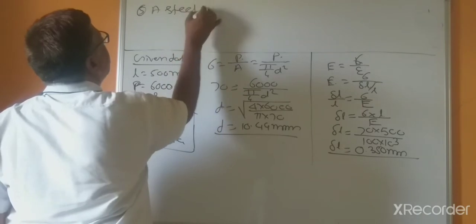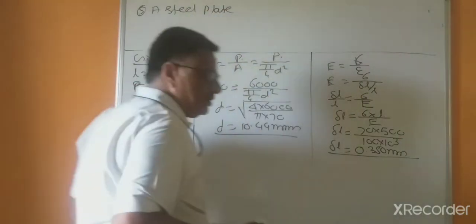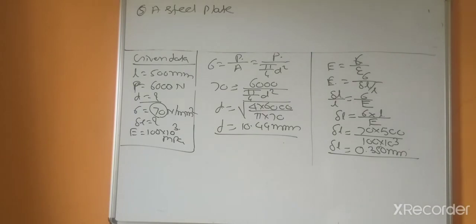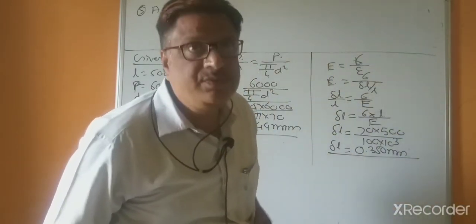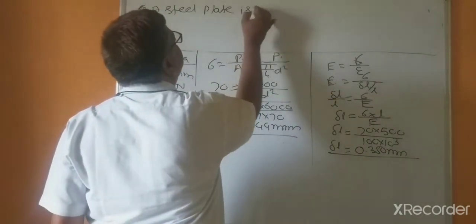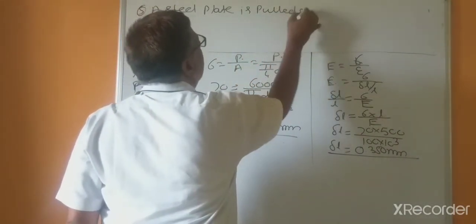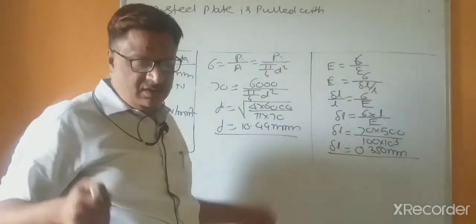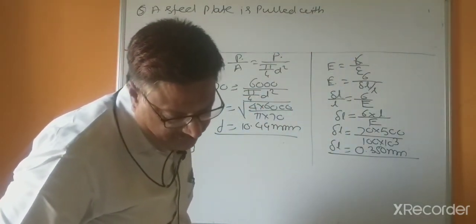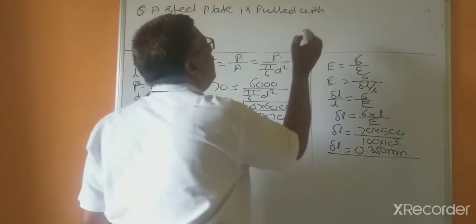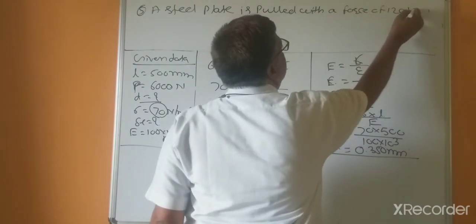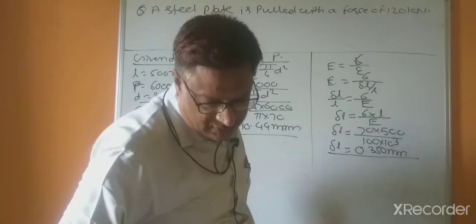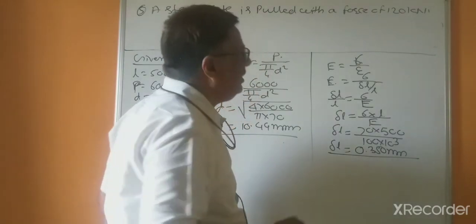A steel plate is pulled. Pulled means tensile force, with a force of 120 kilonewton.